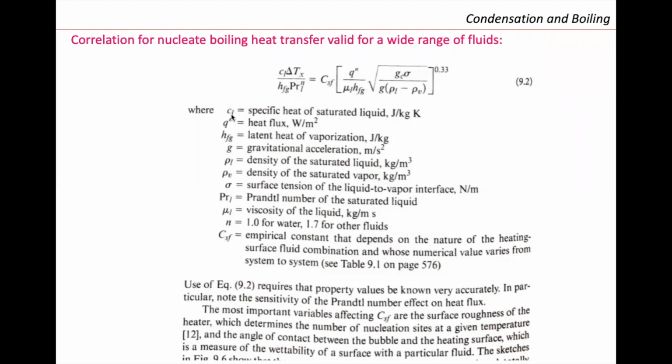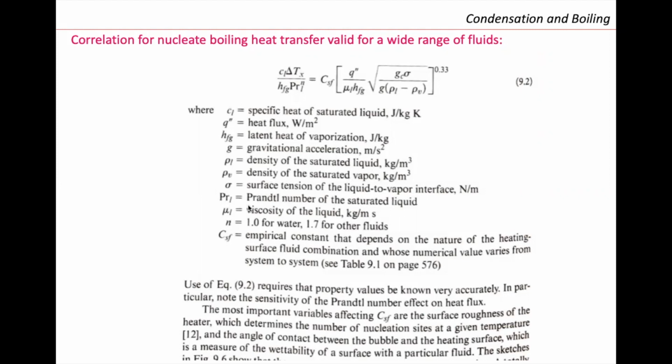Here we have Cl, the specific heat of saturated liquid. Q is the heat flux. H effect is the latent heat of vaporization. G is the gravitational acceleration. Rho L is the density of the saturated liquid, and Rho V is the density of the saturated vapor. Sigma is the surface tension of the liquid to vapor interface.